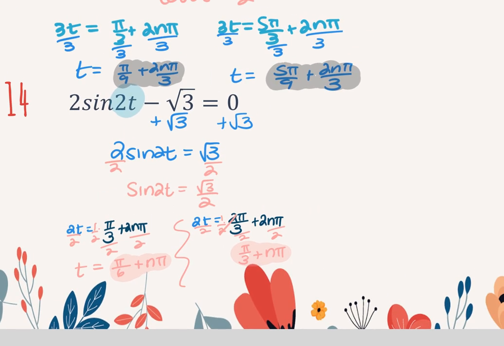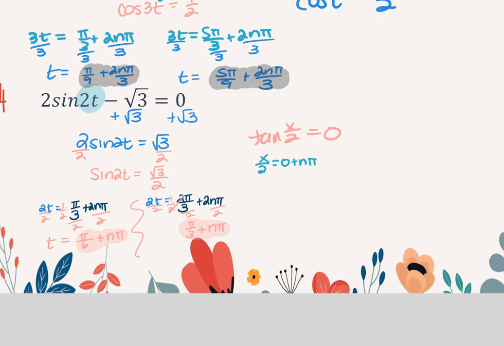If it was tangent, so let's say it said tan of x over 2 equals 0, and let's say we already solved and we got to that part. Where is tangent 0? At 0 and pi. So I would say x over 2 equals 0 plus n pi, and x over 2 equals pi plus n pi.